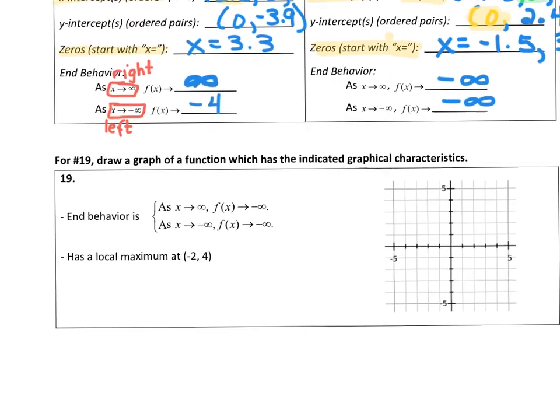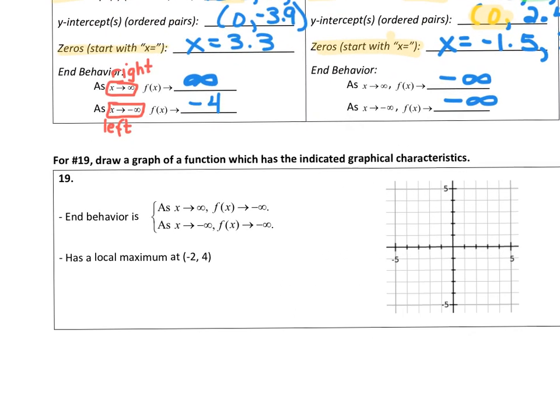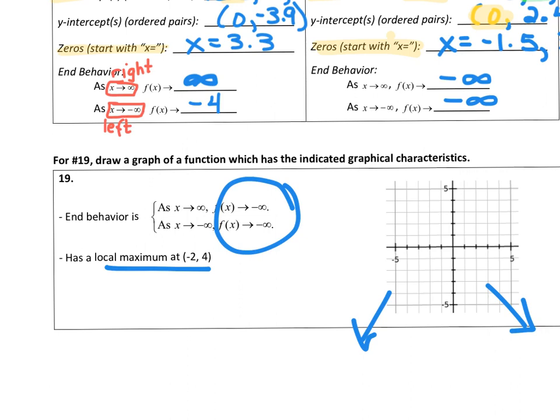Now this question at the bottom asks you to get just a little bit more creative. It says that you are going to want to draw a graph, and it doesn't give you much direction other than to say that the end behaviors both go down, so both ends of the graph are going to point down somehow, and it has a local maximum at negative 2, 4.